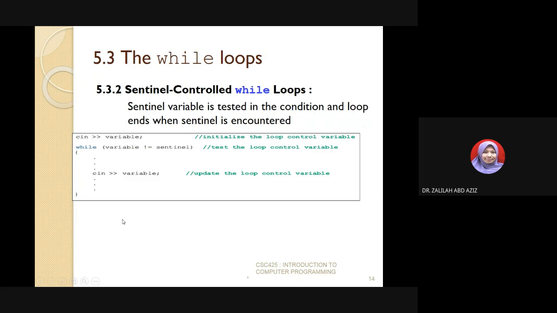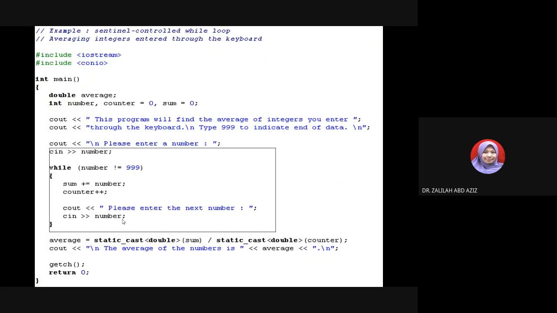Okay, now let's look at example. Okay, let's observe this program. Okay, same ya. Program ni also will find average of integers yang kita value yang kita masukkan itu, dia akan calculate average.